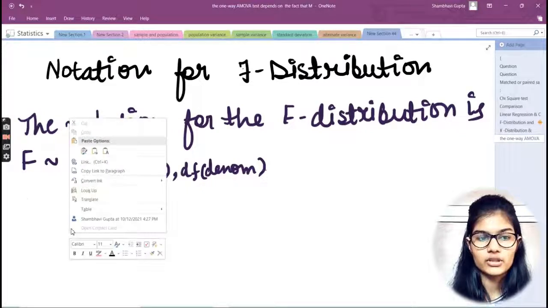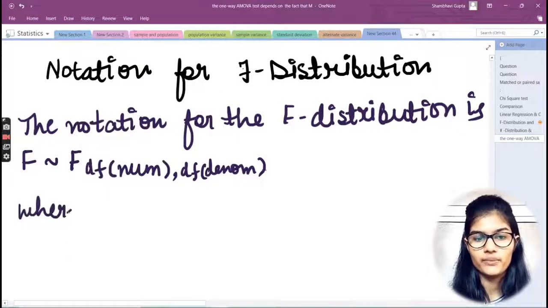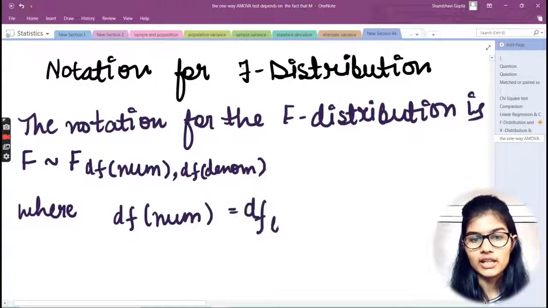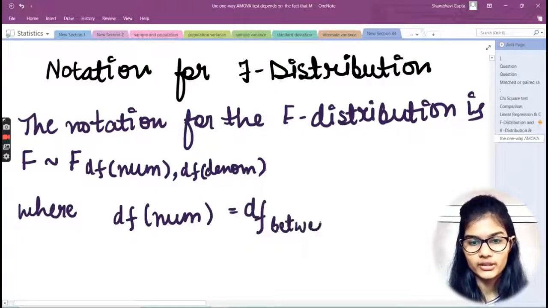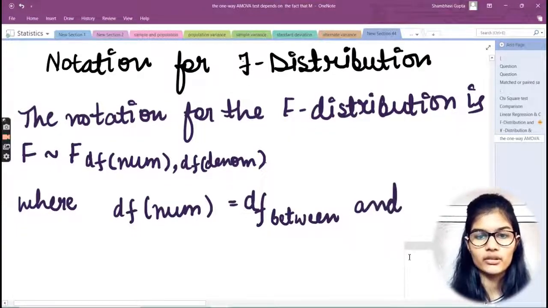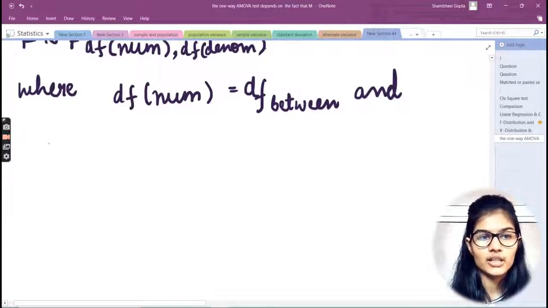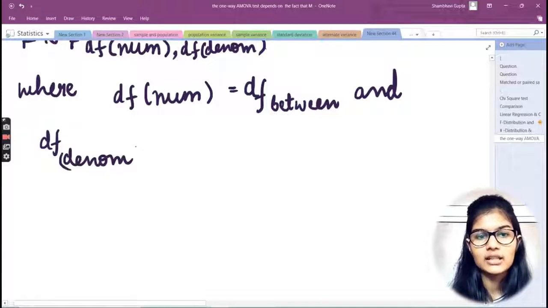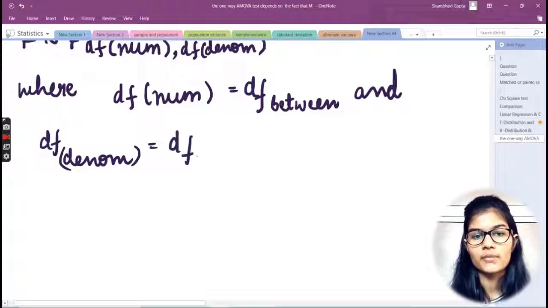So let's start writing here where df num, the degree of freedom numerator, is equal to df between. And the degree of freedom denominator, df denom, is equal to df within.